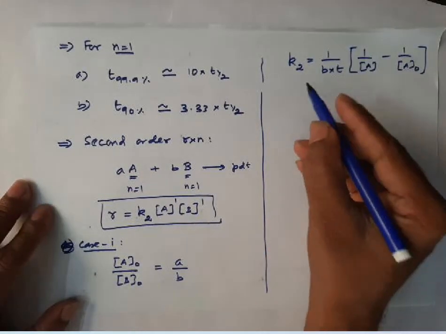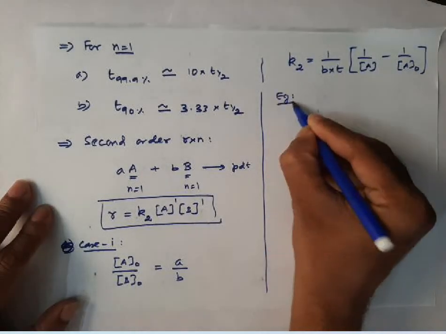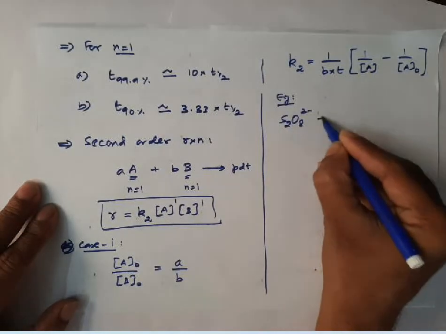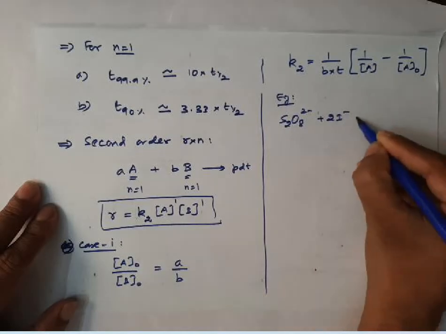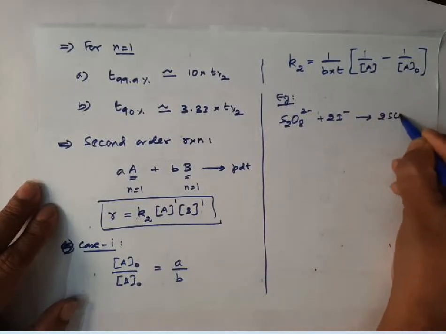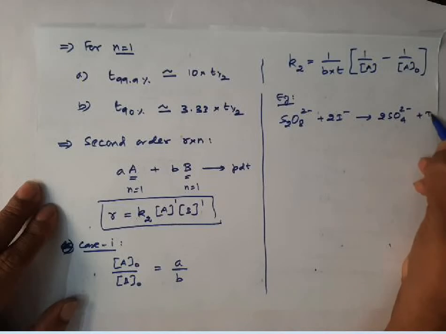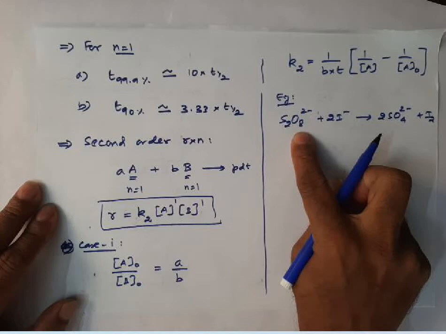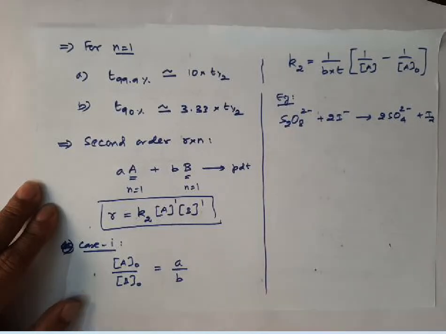Now let me give one example. Say the well-known second order reaction: S2O8 2- ion reacts with the iodide ion, giving 2 SO4 2- plus iodine. Okay, oxidation of iodide by peroxide sulfate.